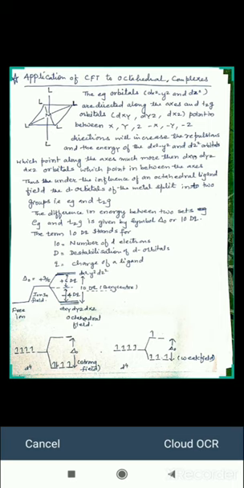So the energy on the axis increases and repulsion energy in between the axis decreases.